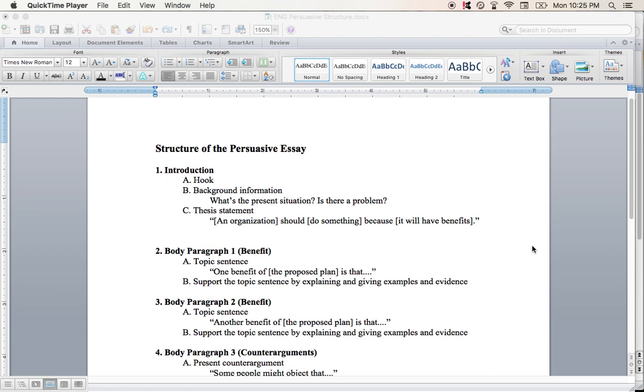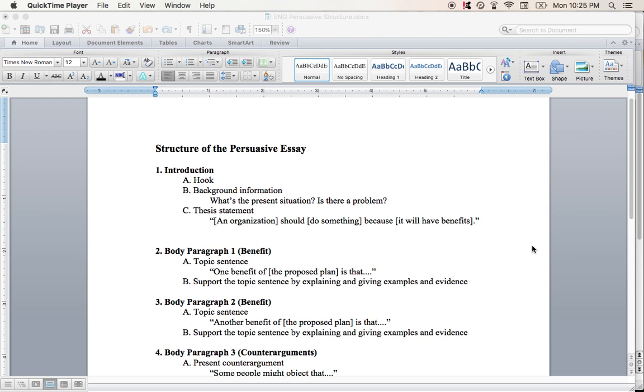And I just want to remind everyone that the plan that you're proposing, the change, it needs to take place in either the town or neighborhood where you live, or your workplace, or at JVS.